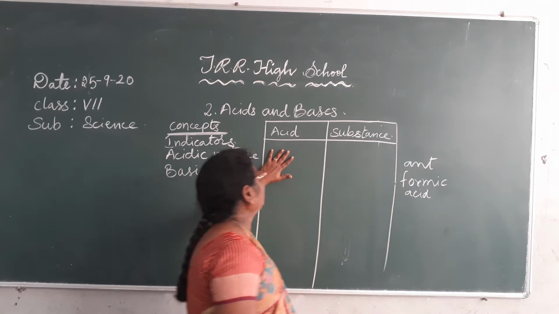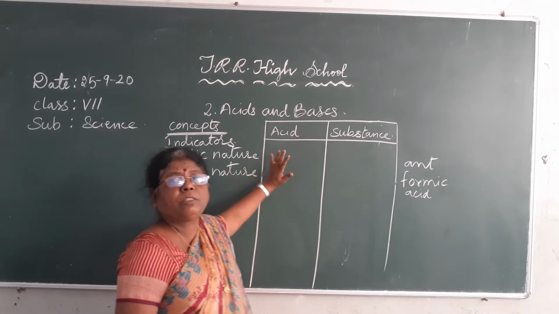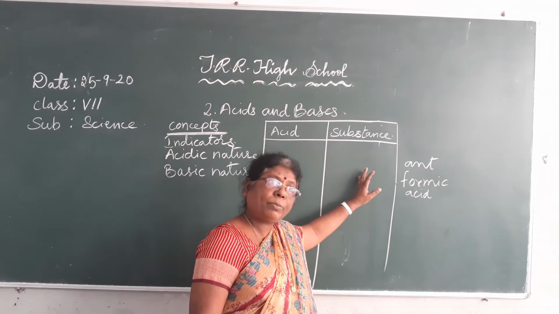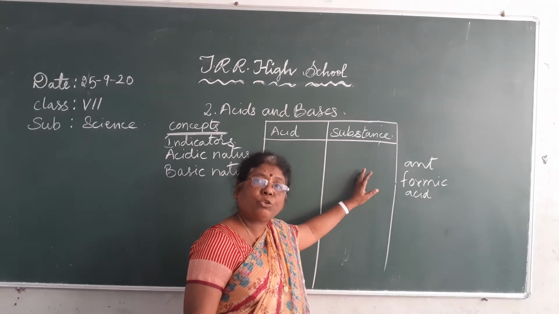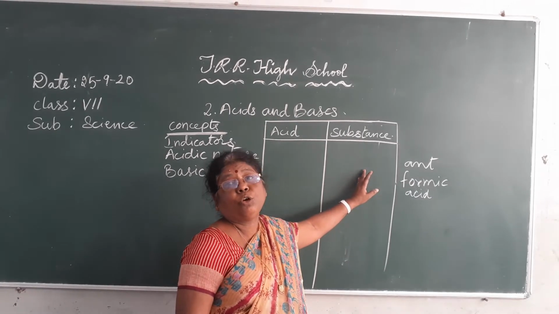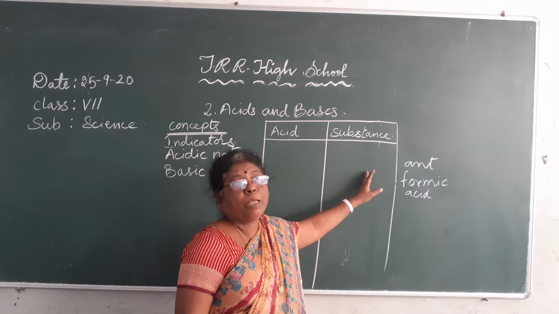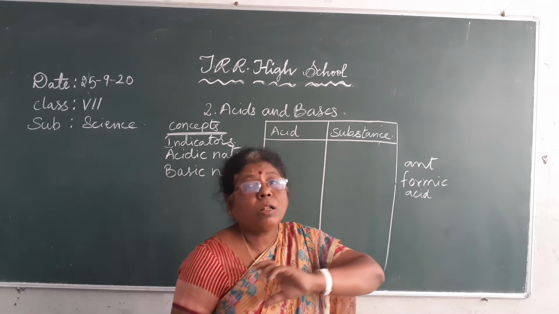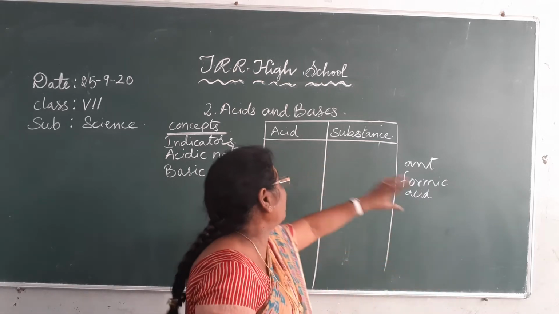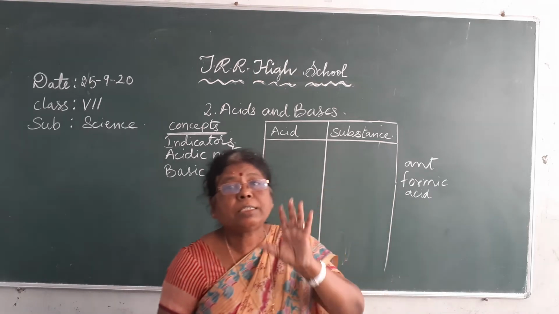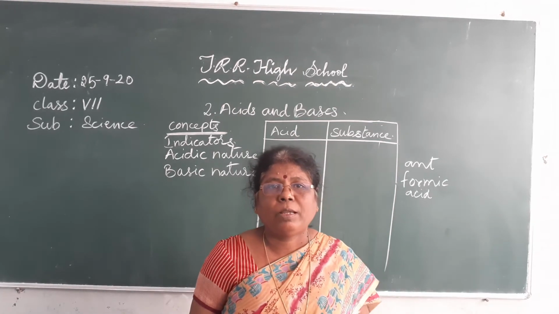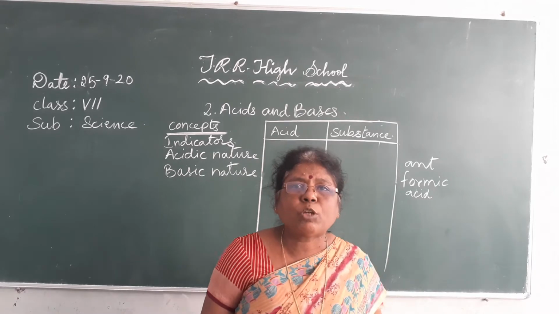Now here we will know the substances. I showed you apple, lemon, buttermilk, and I showed you the test with litmus paper. All these substances do not contain the same acids. Different substances have different types of acids.